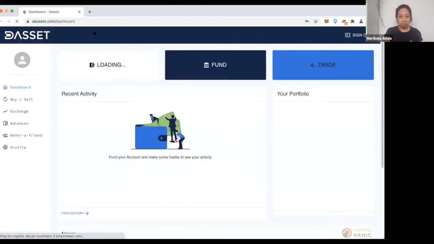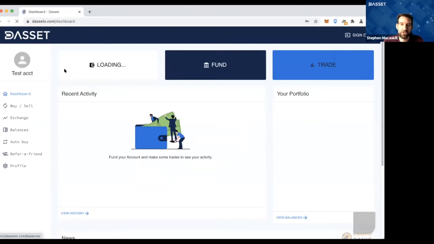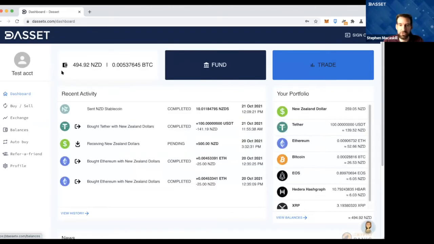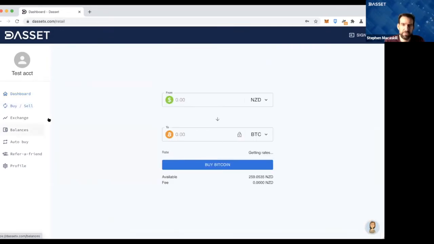Your view might be slightly different because we have some special features on here that we're testing, so not available to everyone. But when we go here, this is our instant buy, instant sell. You can only place a market or a ceiling order.